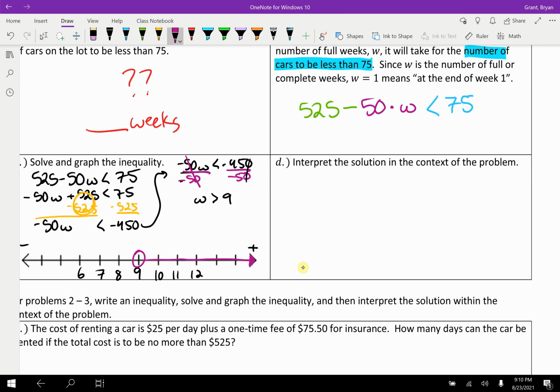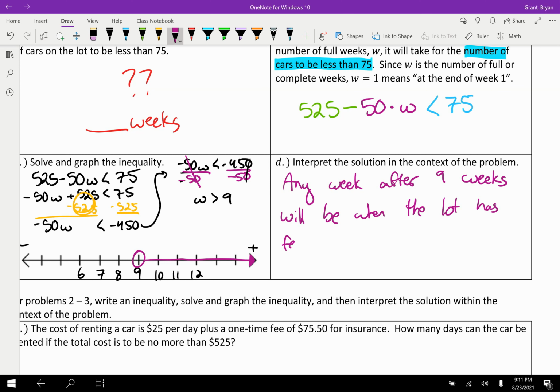We need to say any week after 9 weeks will be when the lot has fewer than 75 cars. I think 9 is when they have exactly 75.